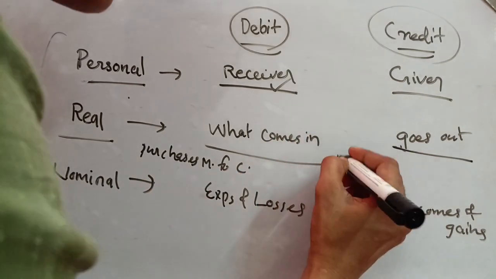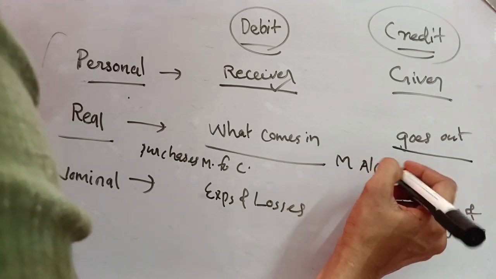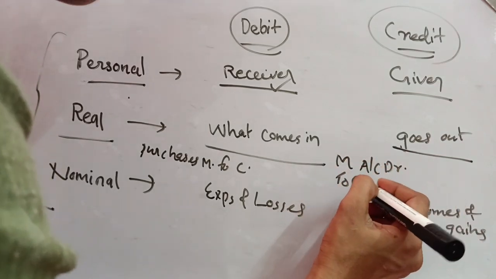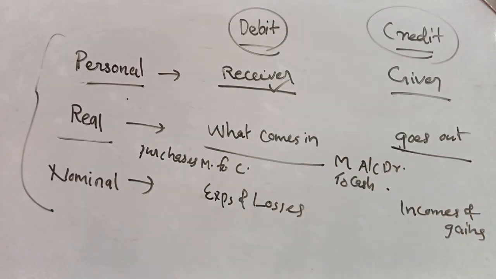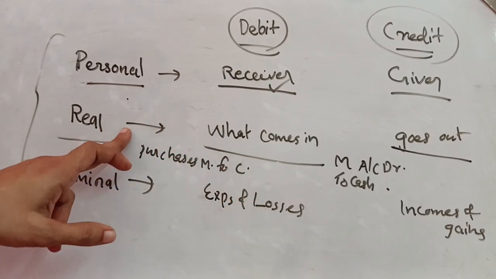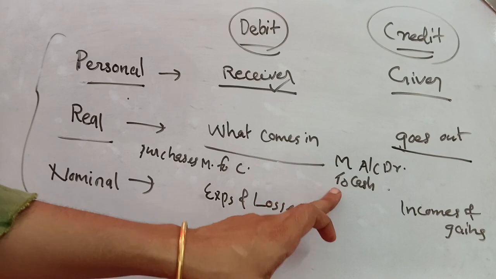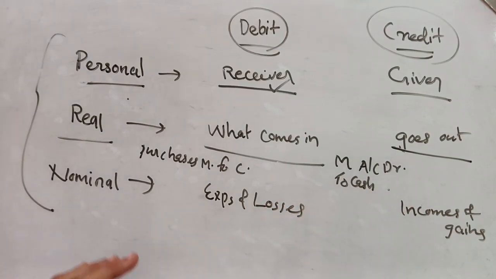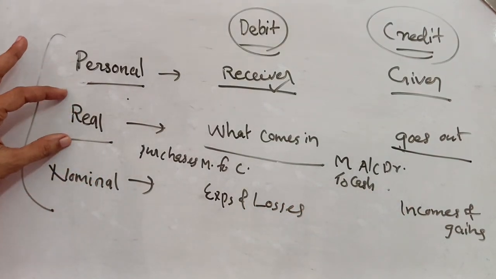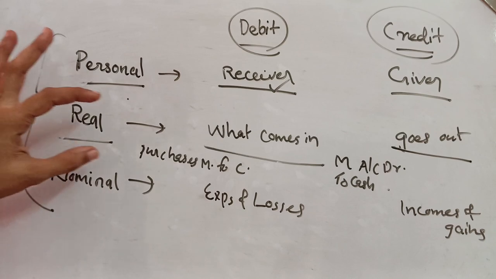So machinery account debit to cash, this will be the way of recording. That is the rule for journalizing in case of real accounts.